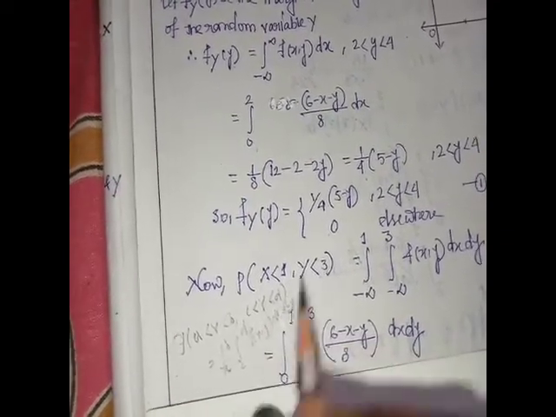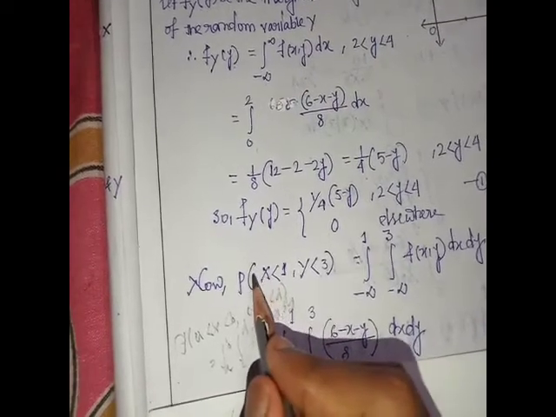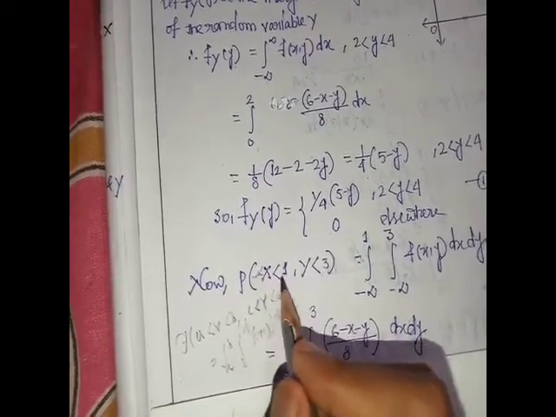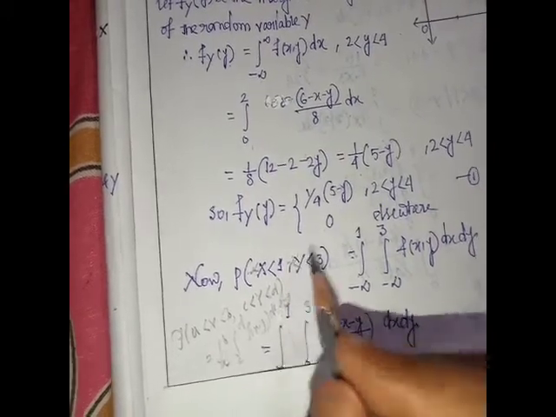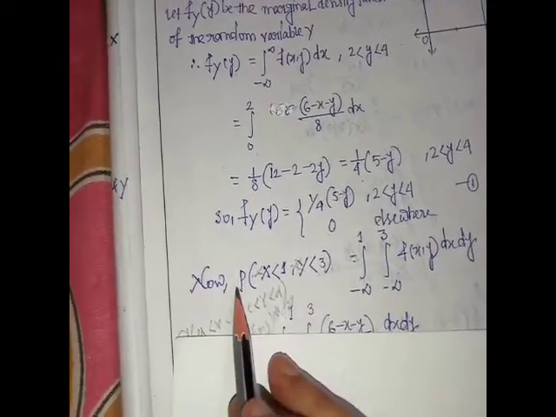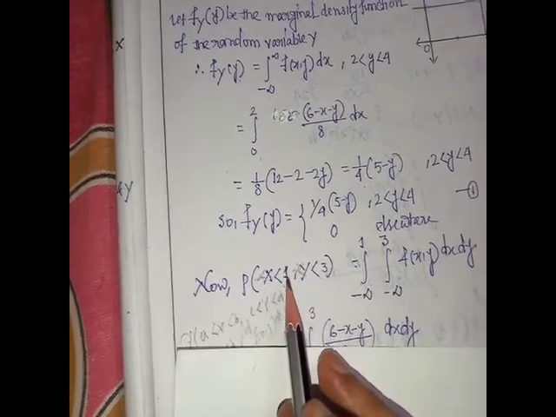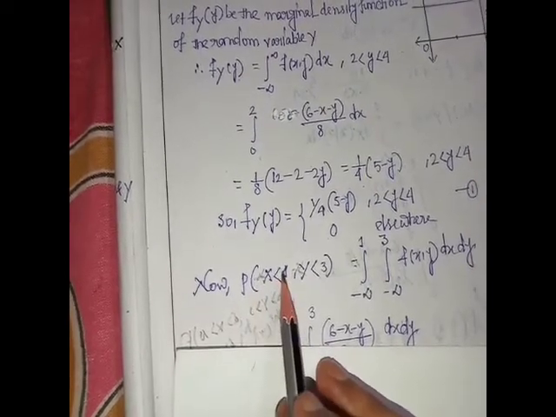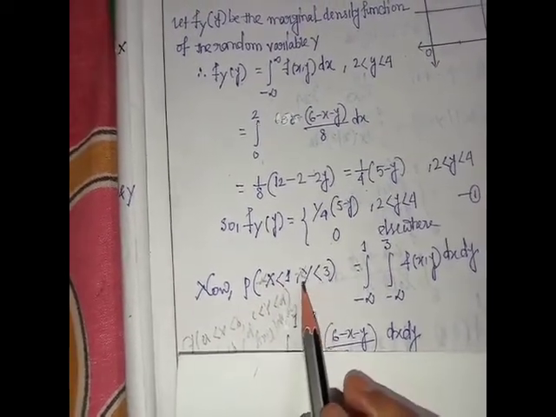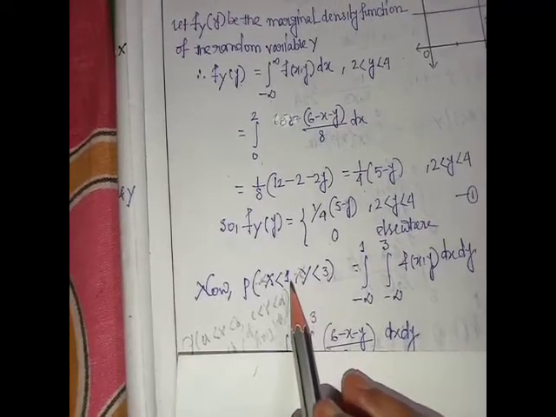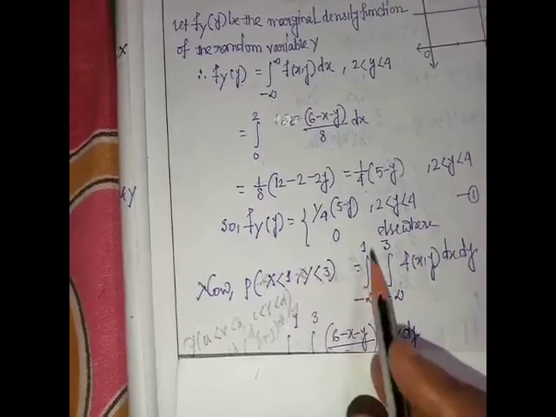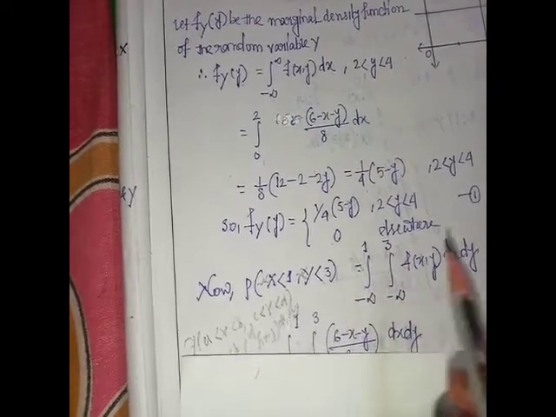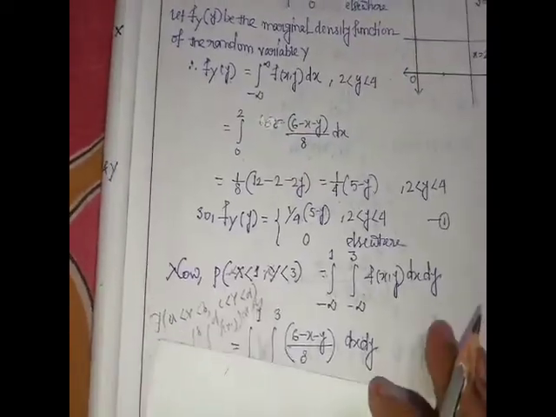So here, x ranges from minus infinity to 1 and y ranges from minus infinity to 3. So it is the integral from minus infinity to 1 and minus infinity to 3 of f(x,y) dx dy.